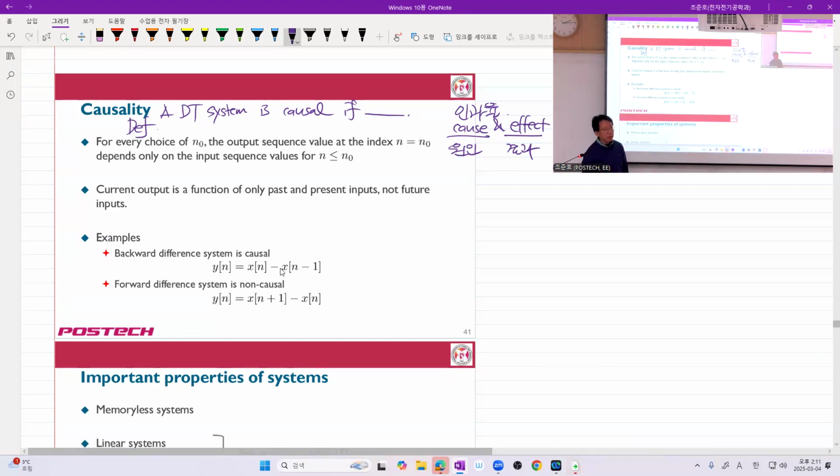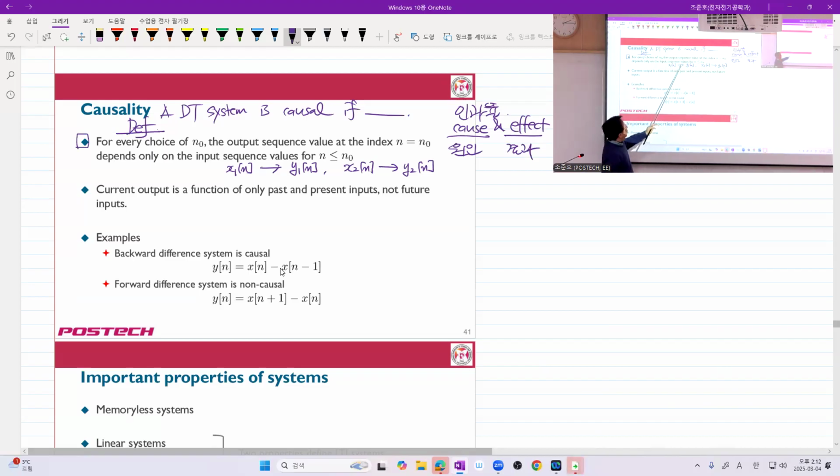What does that mean mathematically, given a DT system? This is a vague, not precise, definition of causality. So let me give you a more formal definition. A DT system is causal if x1 of n generates y1 of n, and x2 of n generates y2 of n. Here, the long right arrow means this is the input and that is the output of the DT system.